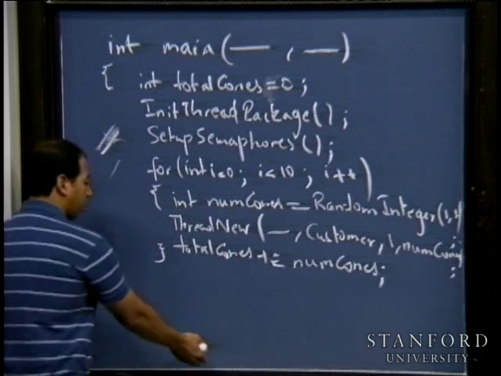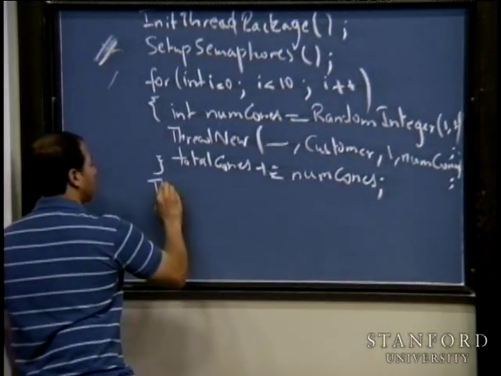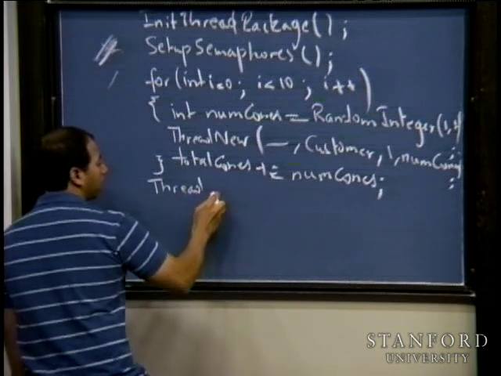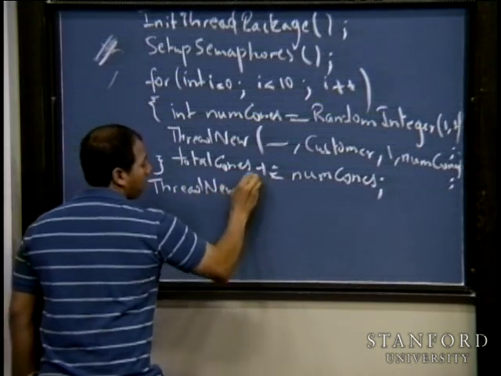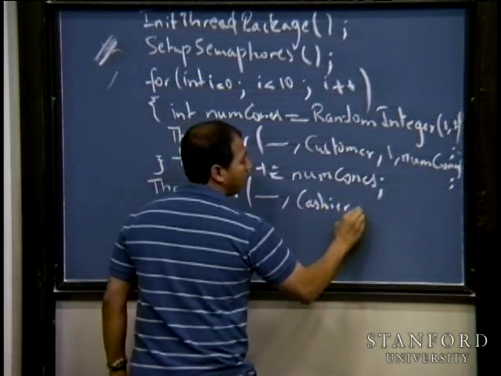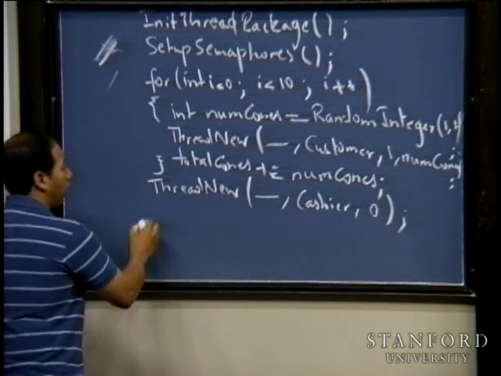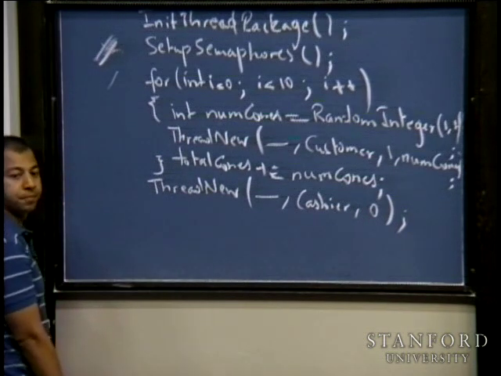Now we need to model the cashier. So we have a thread new for the cashier, and we don't give him any parameters. And we also spawn the manager.